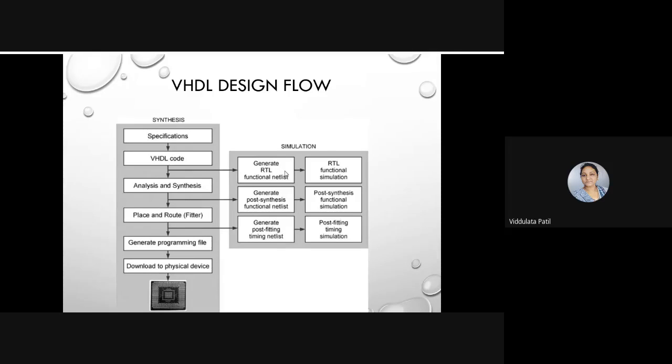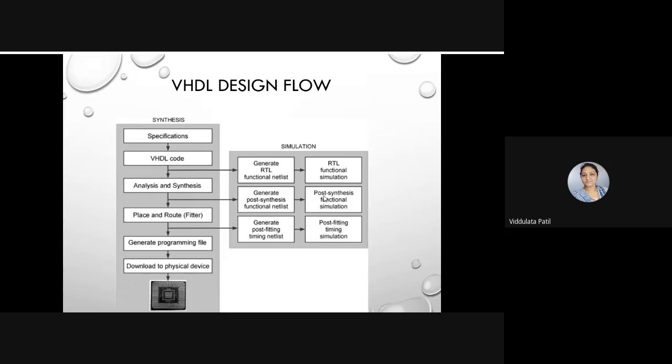Whatever different nets we generate first, after that we are doing RTL functional simulation. That is the first step that we do. After that, we are doing analysis and synthesis. Then we are generating a post synthesis functional netlist, and then post synthesis functional simulation is done.